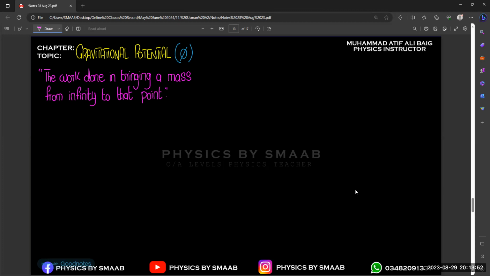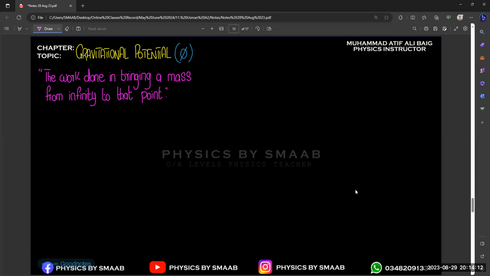So basically we are going to move an object from outside the gravitational field into the gravitational field, right? Okay. This is the concept that we need to discuss today.